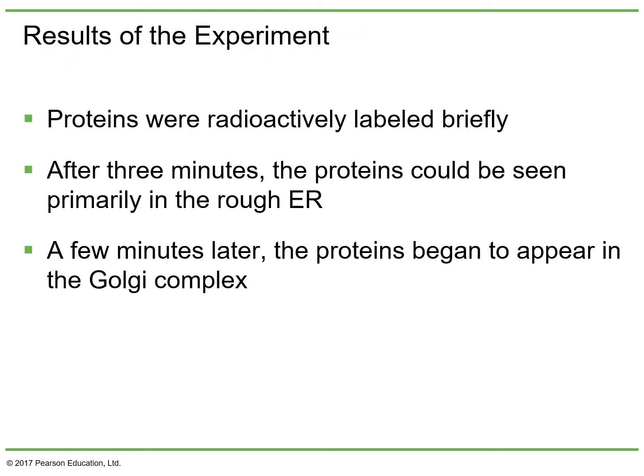The proteins can be radioactively labeled briefly, and after a few minutes, maybe 3 minutes, the proteins can be visualized primarily moving through the rough ER. A few minutes later, the proteins begin to appear in the Golgi complex. Such an experiment was conducted as early as 1967 by James Jamieson and George Palade using secretory cells from guinea pig pancreatic slices.